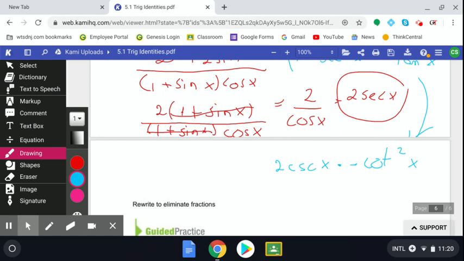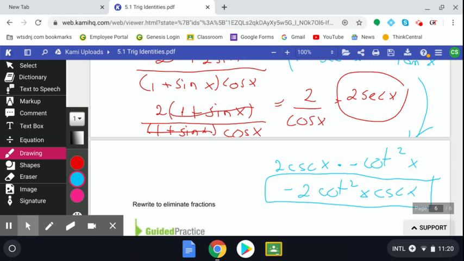And I can also write that as negative 2 cosecant x cotangent squared x, doesn't matter. There you are.